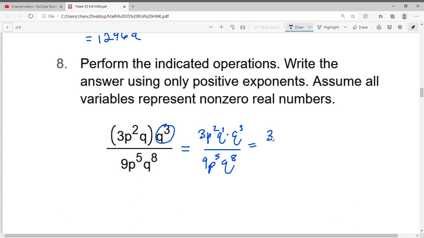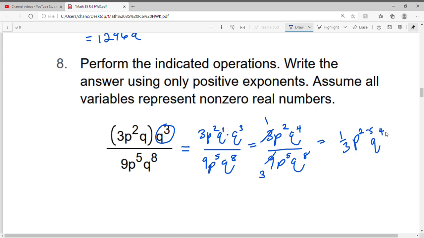So this reduces to 3p squared q to the 4th, because we have 1 plus 3 gives us 4. I can cancel out the 3 with the 9. This becomes a 1 and this becomes a 3. Now we could subtract the exponents. This is 1/3 p to the 2 minus 5 q to the 4 minus 8.